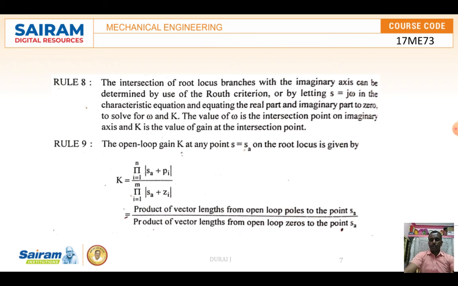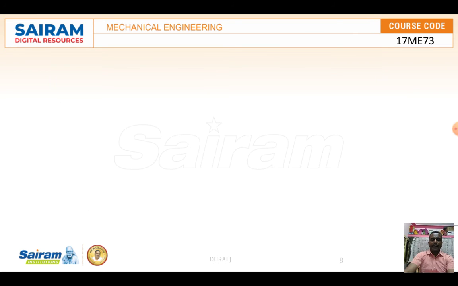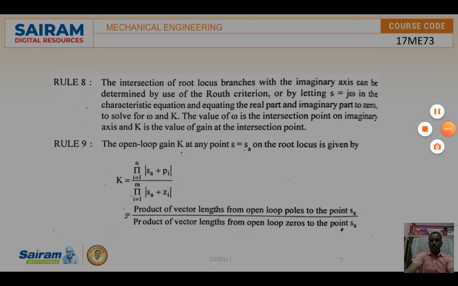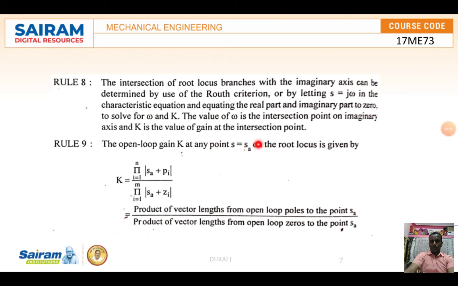So it is equal to the product of vector lengths from the open loop poles to the point sa, divided by the product of vector lengths from the open loop zeros to the point sa. This is the open loop gain K we are finally going to find, with its real part value, so you should not get confused in this.